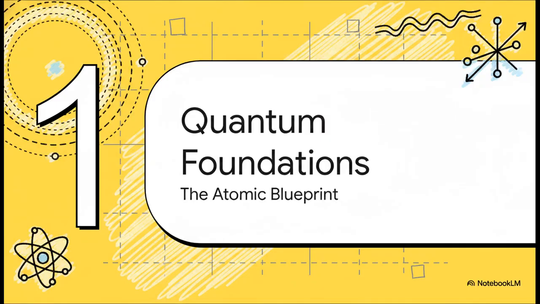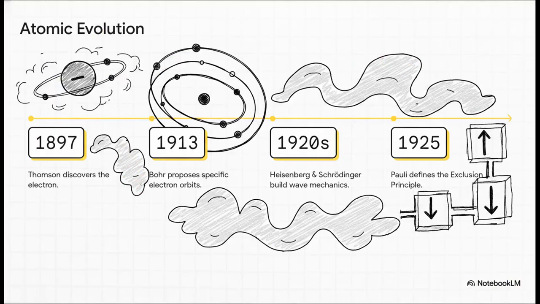Starting with Part 1, Foundations of the Quantum World, the Atomic Blueprint. To really appreciate the elegance of cutting-edge qubits, we first need to quickly revisit how early physicists actually mapped the atom itself. Let's race through the history here because it perfectly illustrates how our understanding evolved. It all kicks off in 1897 when J.J. Thomson discovers the electron. Fast forward to 1913 and Niels Bohr introduces a pretty radical idea.